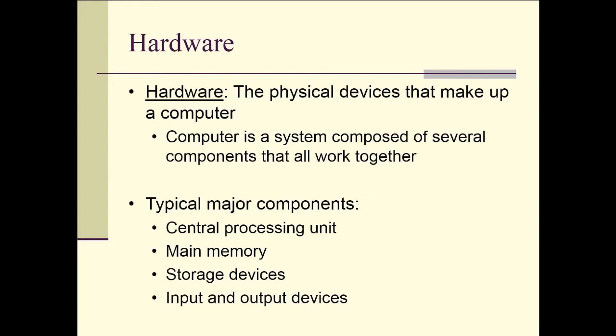Along with storage devices, all of this would be worthless if we didn't have an input and an output device. Now you're real familiar with them, you use them all the time, but may not think of them as input and output. The typical input devices are the keyboard and the mouse.